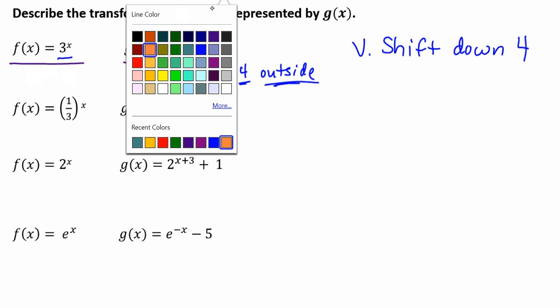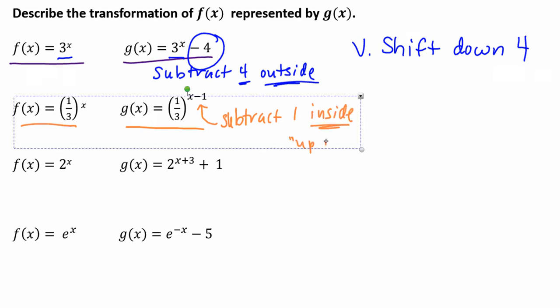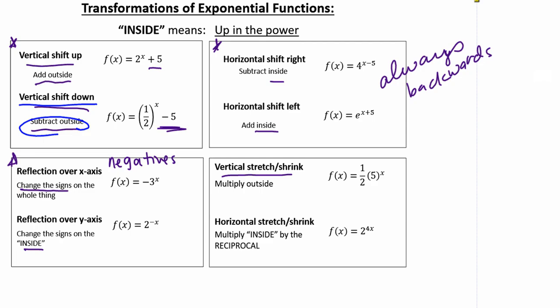Okay, this next one. I look and I compare, this is the original, this is the new one. It looks like we have now subtracted 1 inside. Inside meaning up in the power. Okay, look back at my cheat sheet.